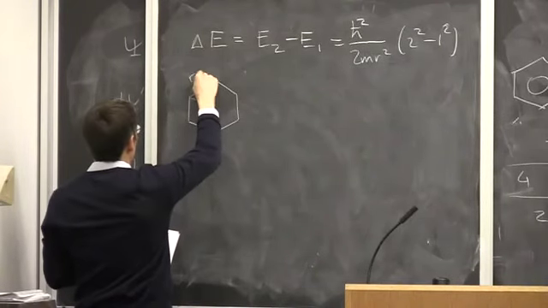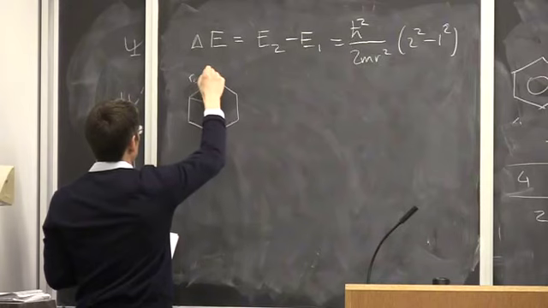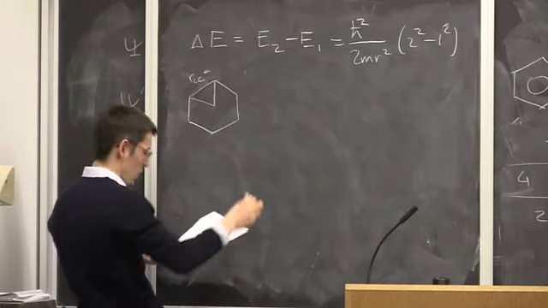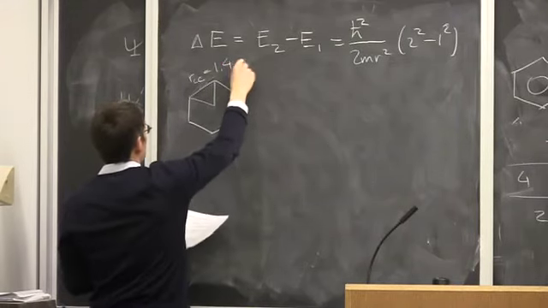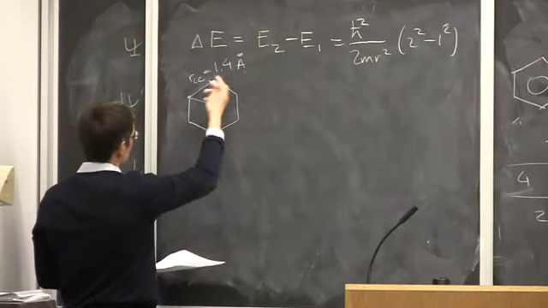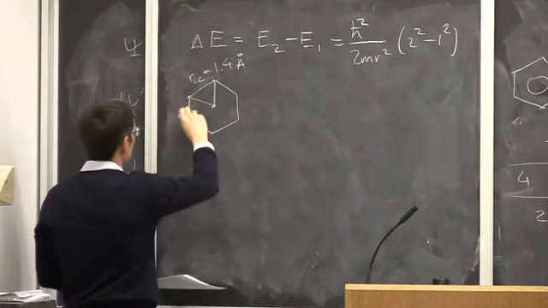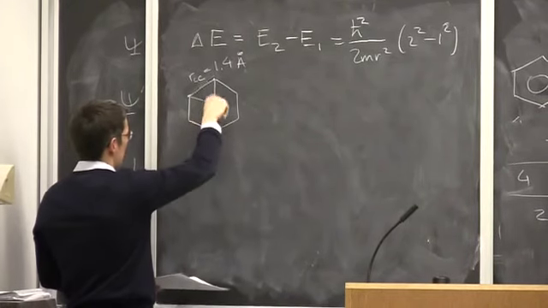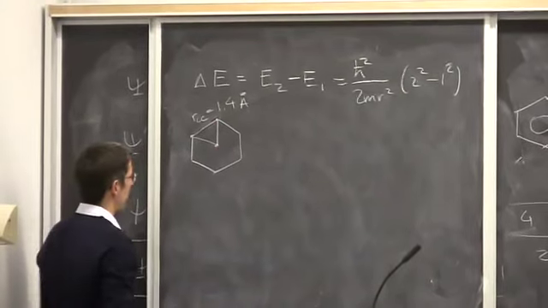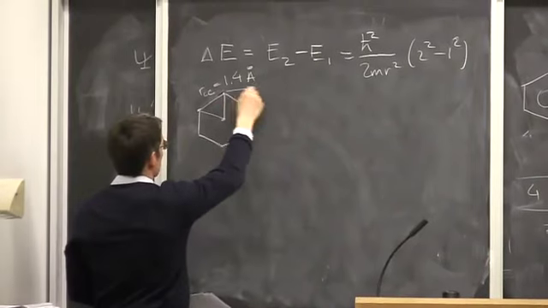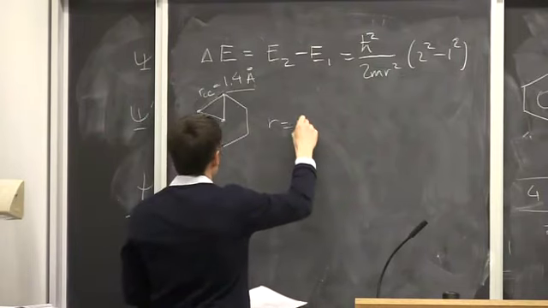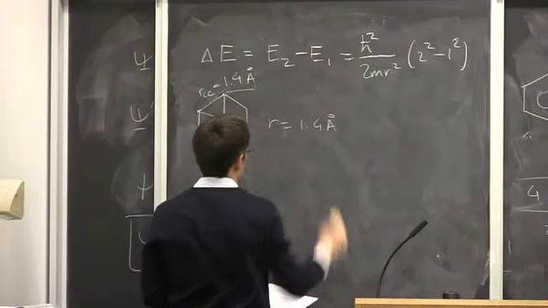All the carbon-carbon bonds are the same, and so the distance is 1.4 angstroms. Because of the triangle that we can build using the side of the hexagon and the center, it's an equilateral triangle. So the radius can also be taken as just the CC bond in this case. So R is equal to 1.4 angstroms.